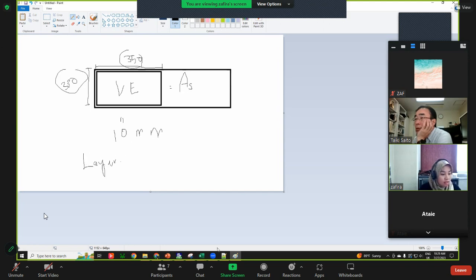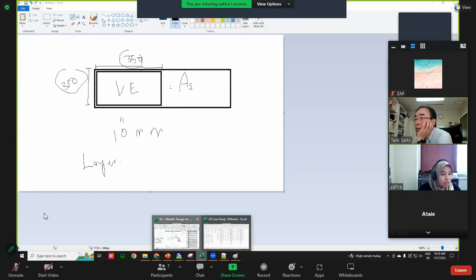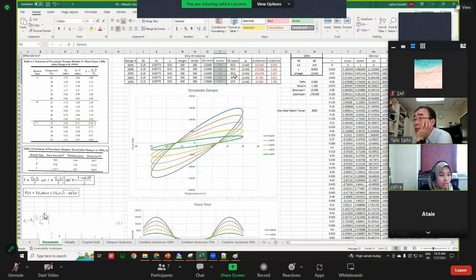In this case, we choose to control just the viscoelastic layers, so the capacity also increases. The other way around, if we want to keep the viscoelastic layers constant, we can change the area of the viscoelastic. So each layer is 5 millimeter thickness. Yes.